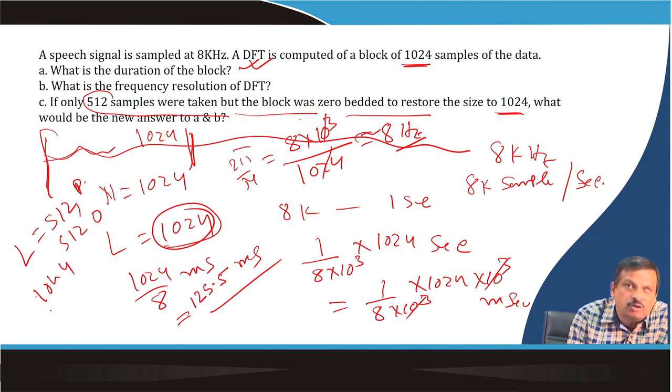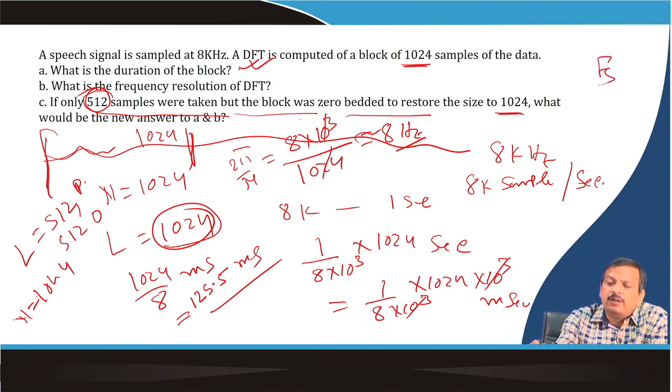So, the resolution does not change. Resolution depends on the length of the DFT. Now, if my length of the DFT is reduced to 512, then the new resolution will be Fs by 512, which is 16 Hz.